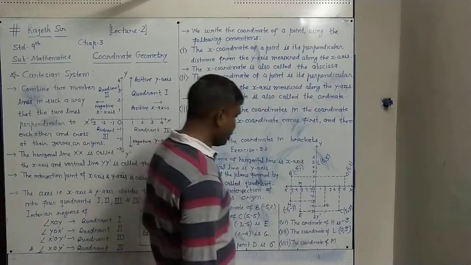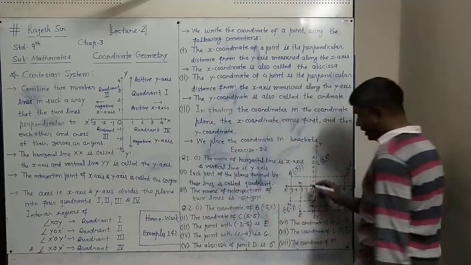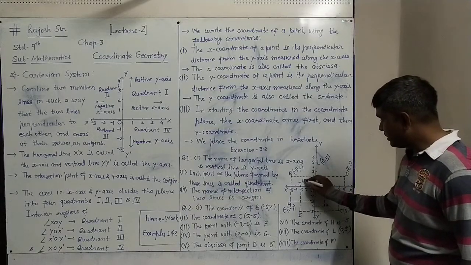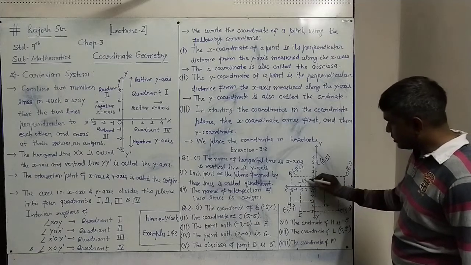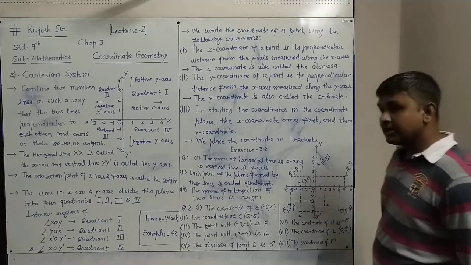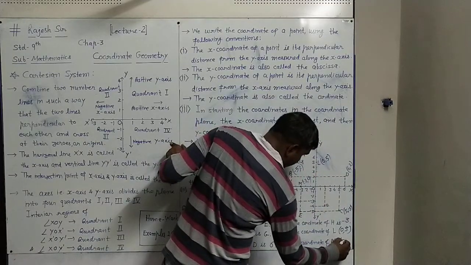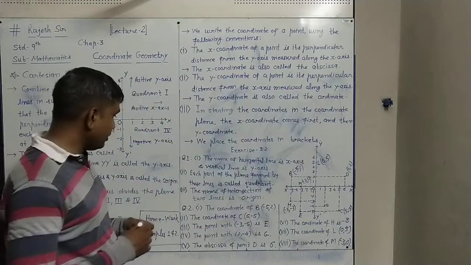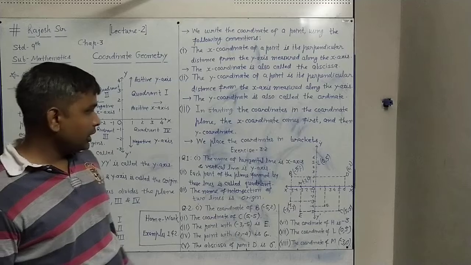And the last question, the coordinate of M. Along the x-axis it is -3 and along the y-axis it is no distance from the x-axis, so it is 0. So -3, 0 is M.